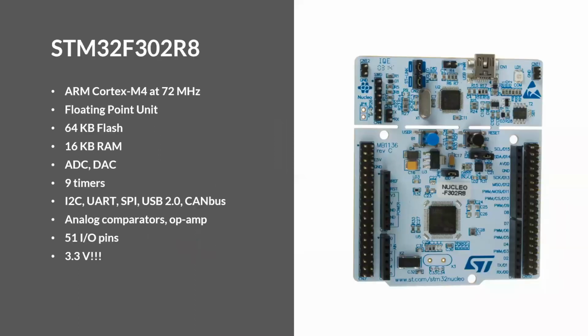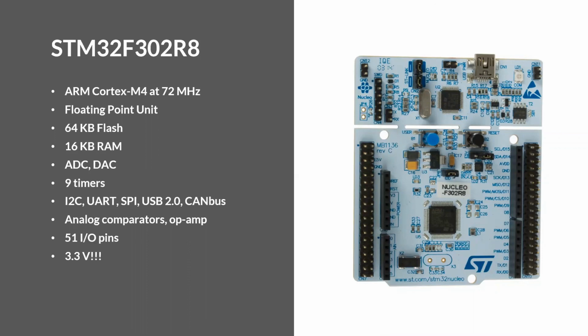This next part is more for the guys that are in the electronics teams. This is the microcontroller that we're going to be working with. It's called an STM32 F302R8 from a company called ST Microelectronics. The microcontroller itself is a bit of a beast.